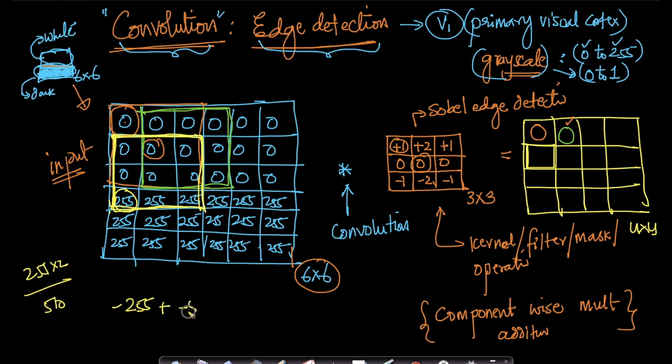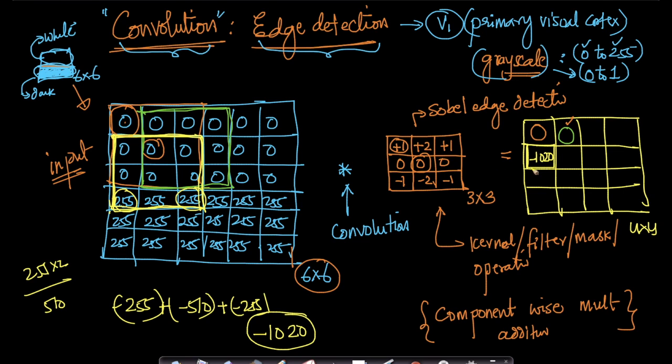So minus 510. Again, 255 multiplied by minus 1 is minus 255. So what is the sum of all of them? You'll get a value of minus 1020. So you place a value of minus 1020 here.